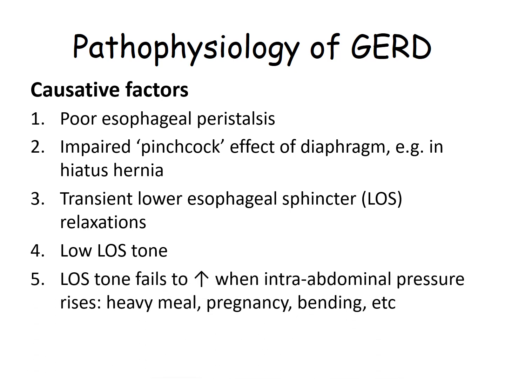Low esophageal tone fails to increase when intra-abdominal pressure rises, as with heavy meals, pregnancy, bending, etc. During that time the intra-abdominal pressure increases, it leads to low esophageal sphincter tone and the contents will be refluxed, and also delayed gastric emptying. So in all these conditions, there will be reflux of contents from our stomach to the esophagus.